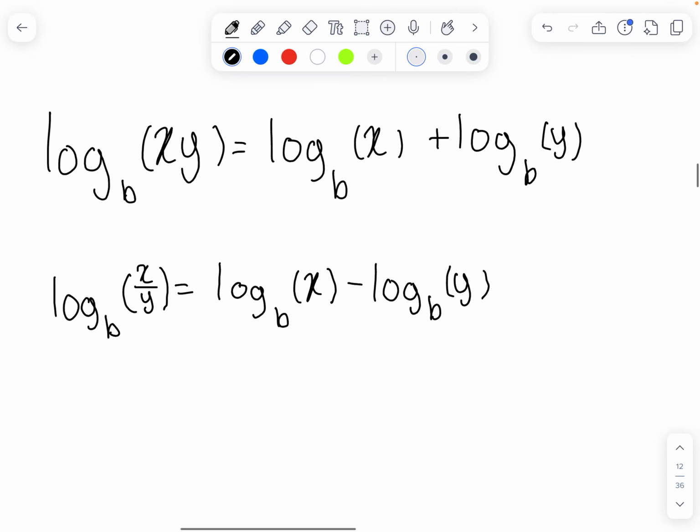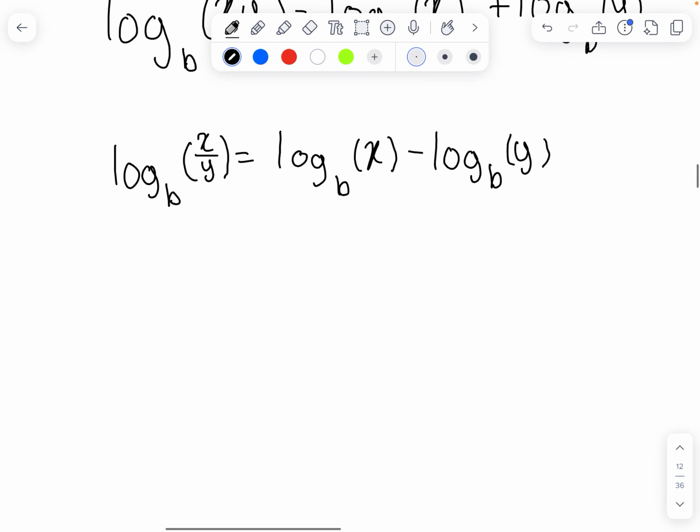Notice how the division inside becomes a subtraction on the outside. That is our second rule, called the quotient rule.